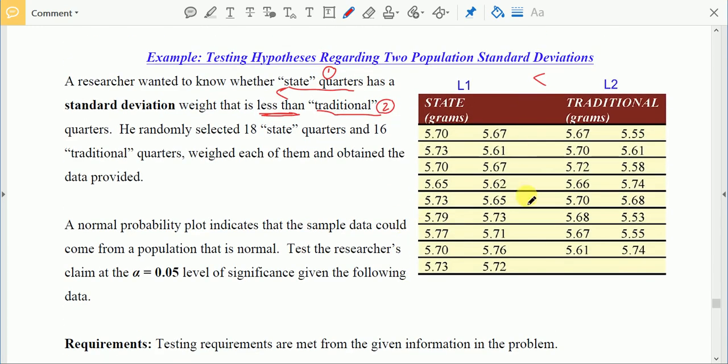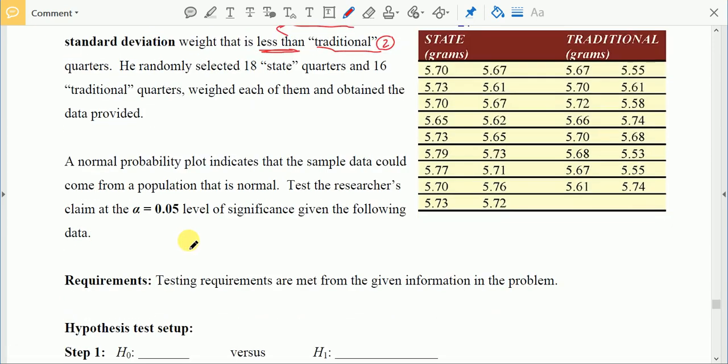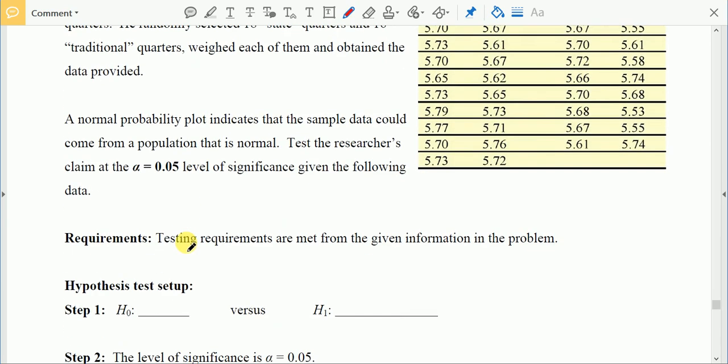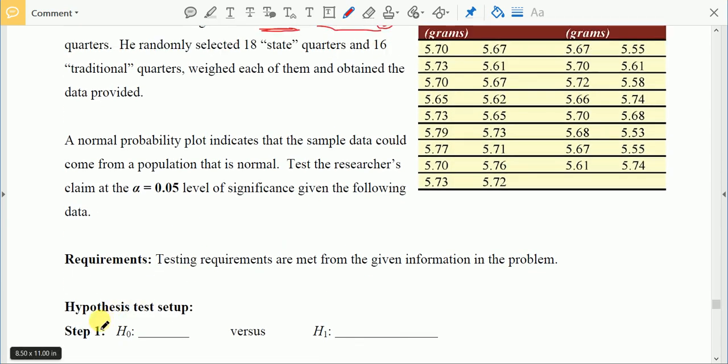Now we collect the data here, and you were told that a normal probability plot indicates that the sample data is coming from a population that is normal, so you don't have to worry about that. And alpha is 0.05 in this case. So all requirements are met, and we're just going to find the null hypothesis first.